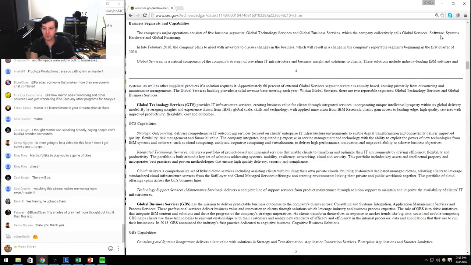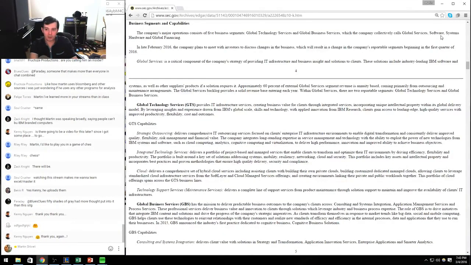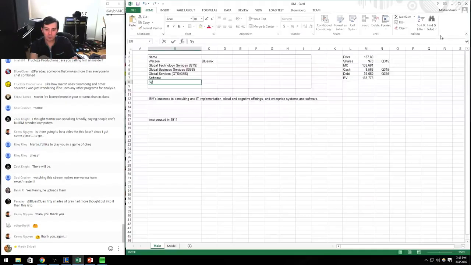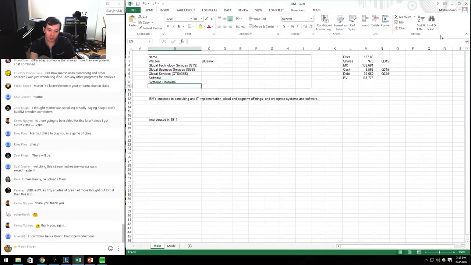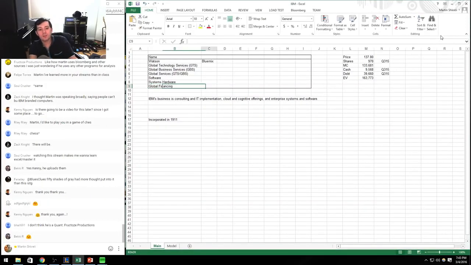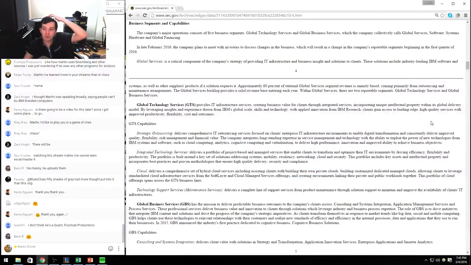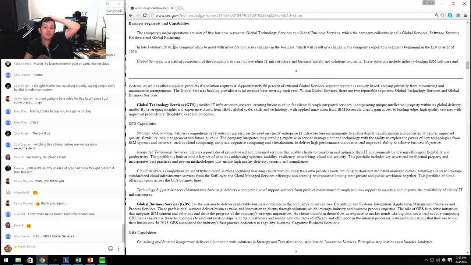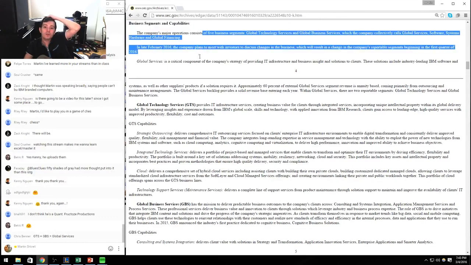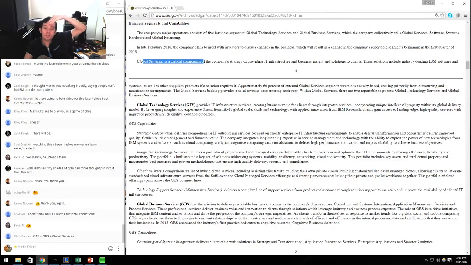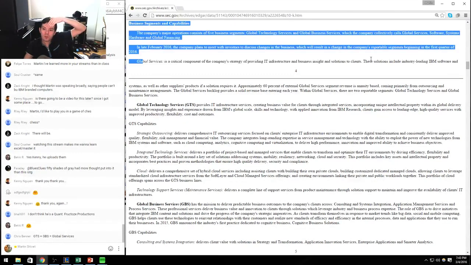Alright, so they have the services business, the software business, systems hardware, so probably mainframes and servers, and global financing. So let's see, 1, 2, 3, 4, 5. I'm guessing Watson is a part of software, but who knows? Global services is a critical component of the company's strategy of providing IT infrastructure.